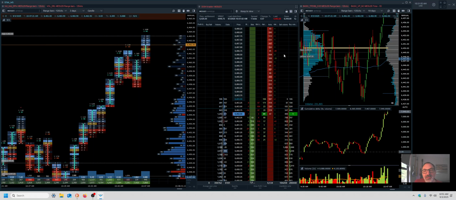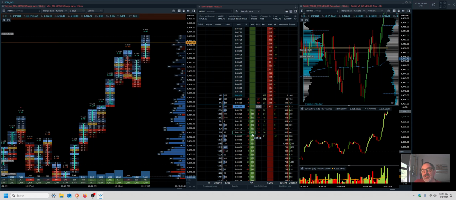Now, what I basically look at first is I take a look at the offers and bids, to see what kind of liquidity we have, and to see if anything's out of the normal, whether smaller amounts of liquidity or bigger amounts of liquidity, and where they're actually ending up.